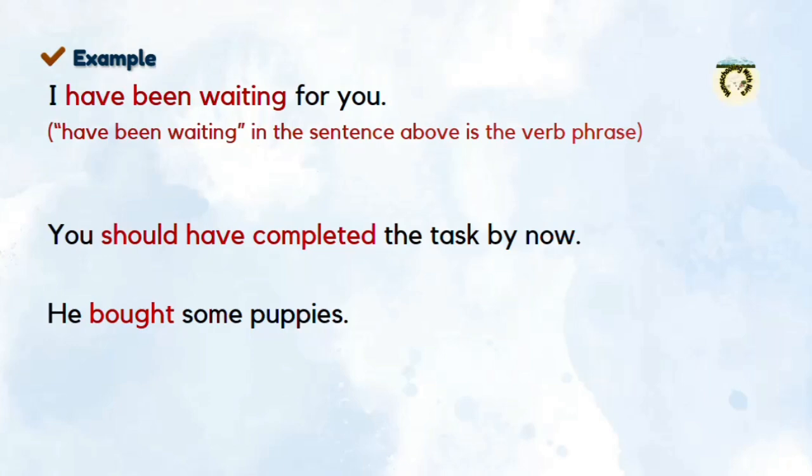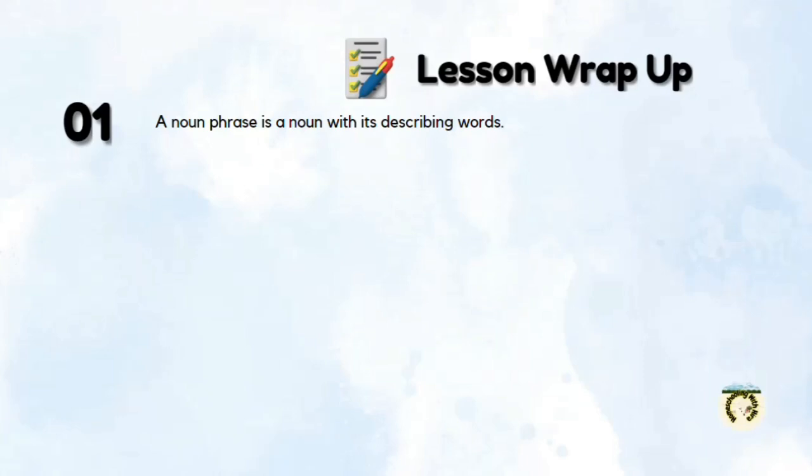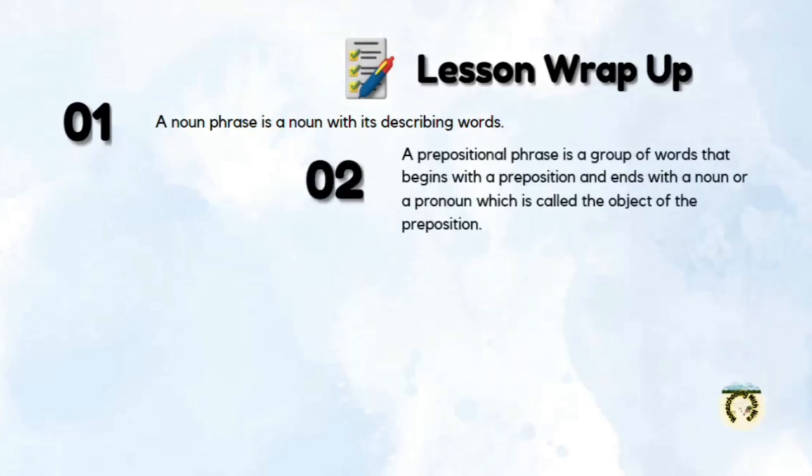Now it's time to wrap up the lesson. Let's quickly see what we have learned so far. We learned about noun phrases. A noun phrase is a noun with its describing words. We are done with this, right? The second thing that we learned was about prepositional phrases. Prepositional phrases begin with a preposition and a noun, and this noun is called the object of the preposition.